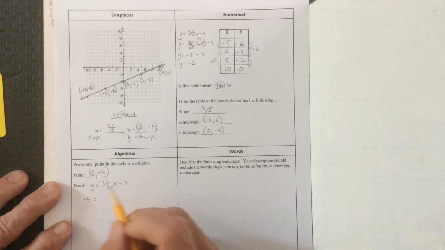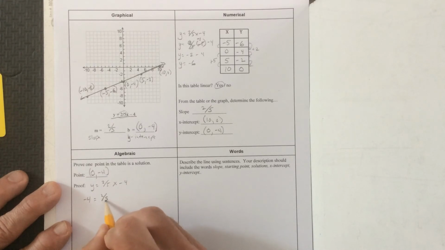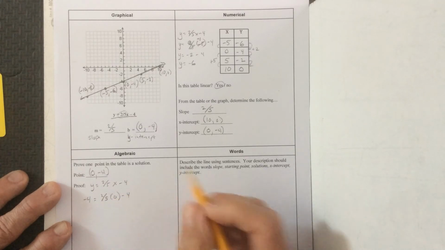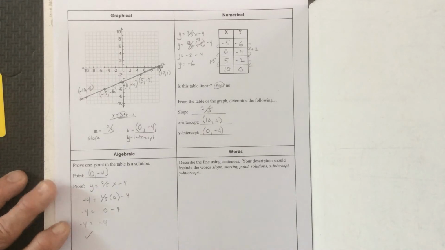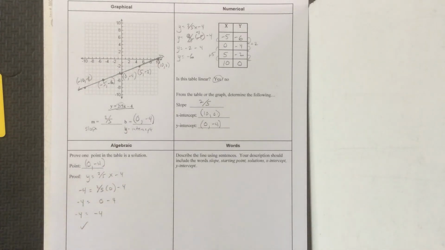We take our 0 and we substitute it in for x. So you get negative 4 is equal to, what's 2/5 times 0 would be 0 minus 4. So negative 4 is equal to negative 4. And when the left side equals the right side, we know that that point is on the line.